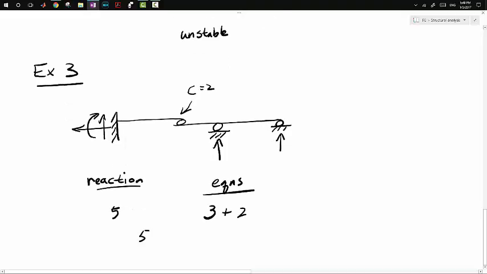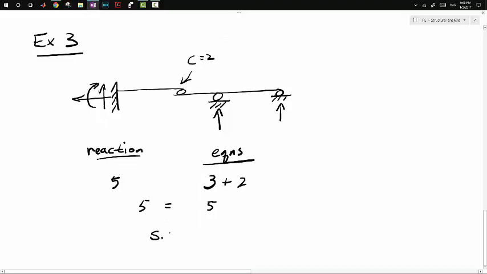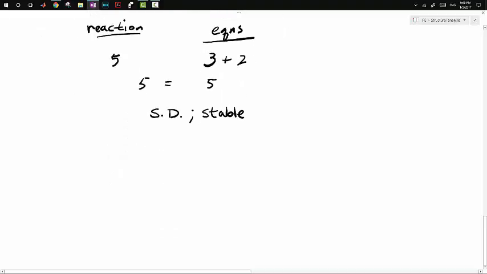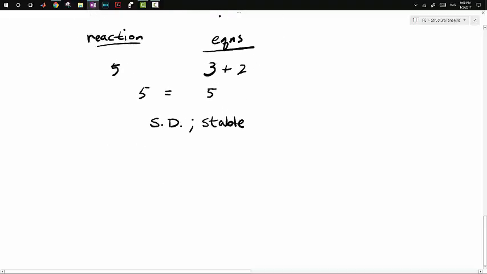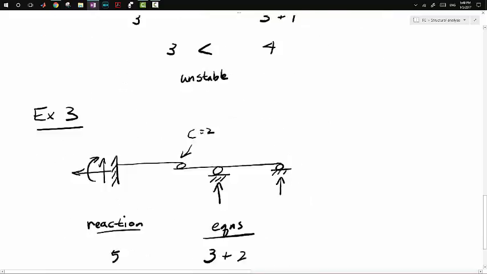So 5 equals 5. So this is a statically determinate structure, and of course it's stable. Let's look at another one. I got plenty of examples here. So this is example 4.